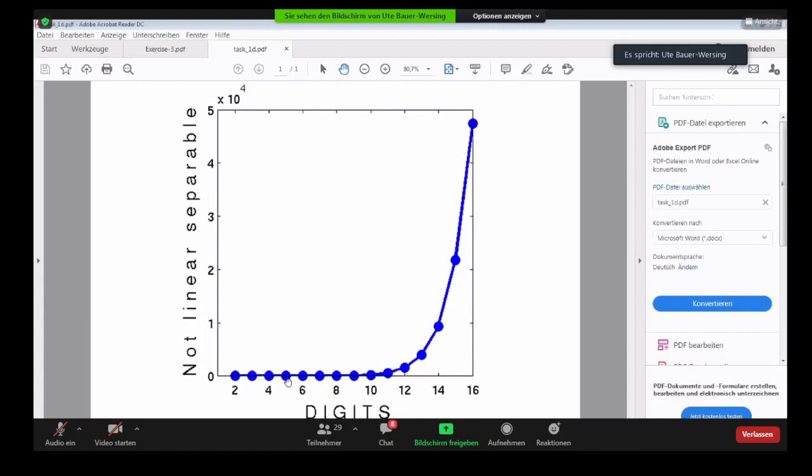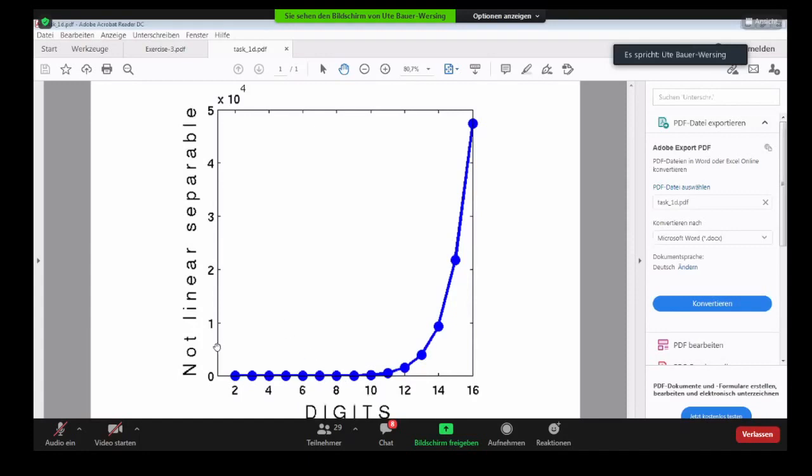And we already discussed that up to 7, there are no non-linear separable partitions for these digits, right? So it starts to become interesting when we move beyond 7.